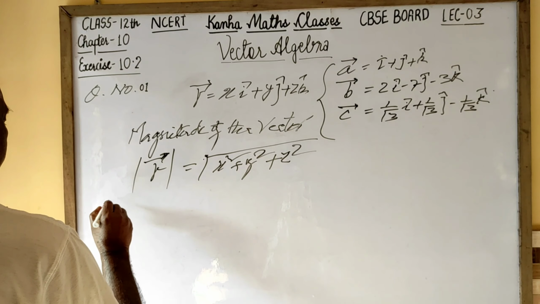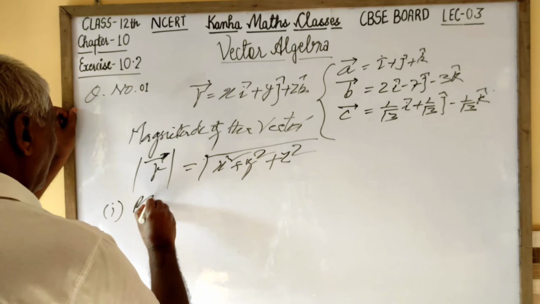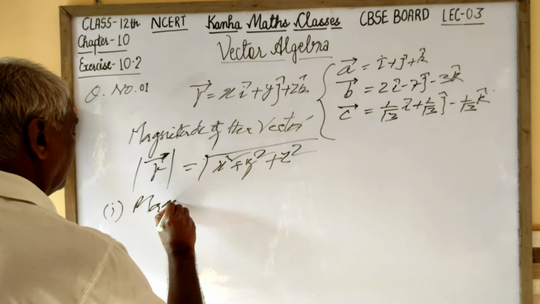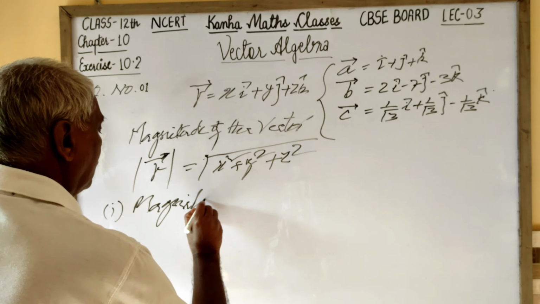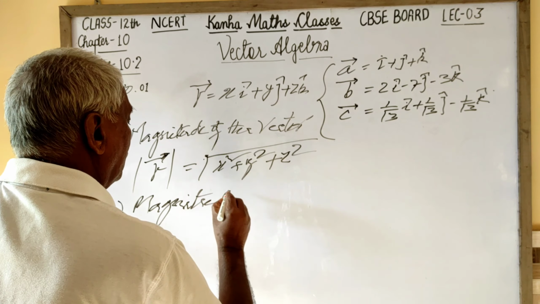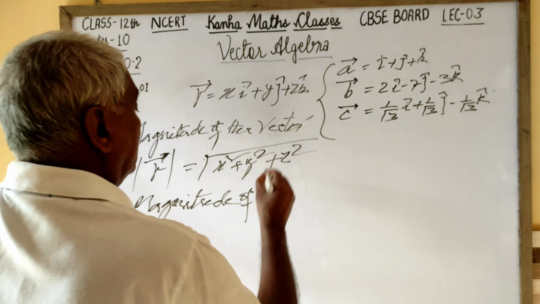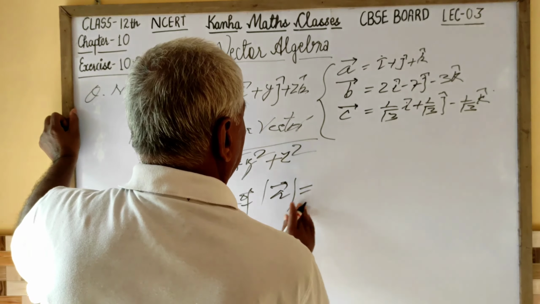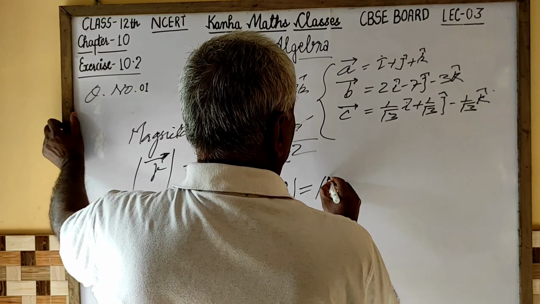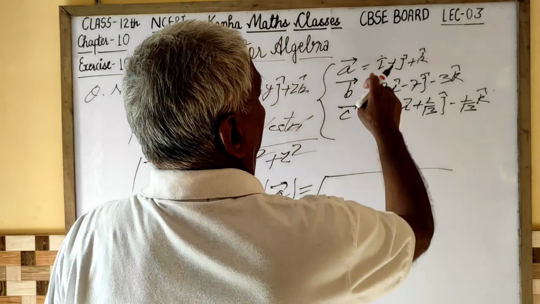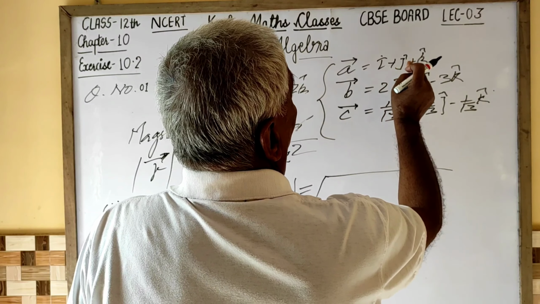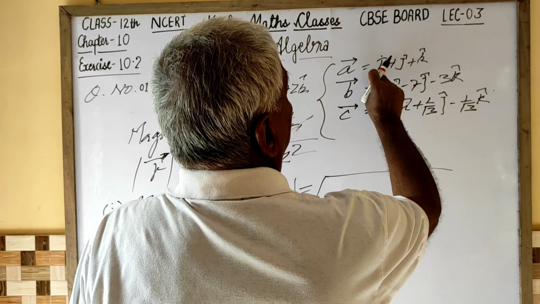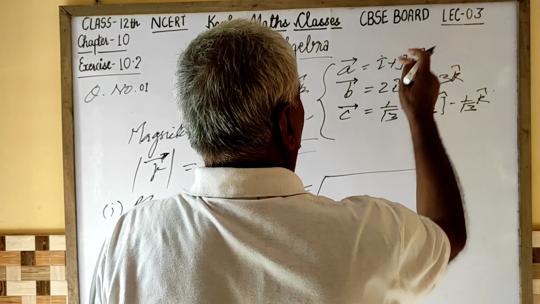Now, magnitude of vector A, mod of vector A, will be equal to under root, instead of x, y and z you have been given here 1, 1, 1.